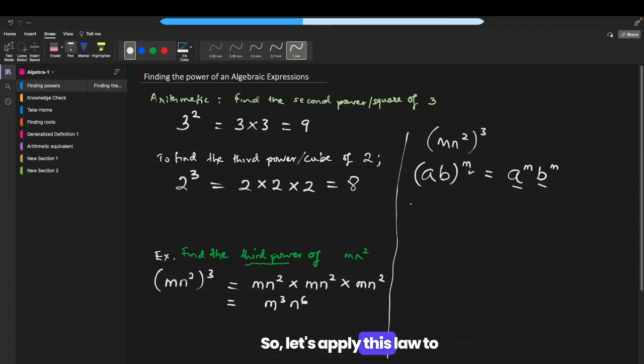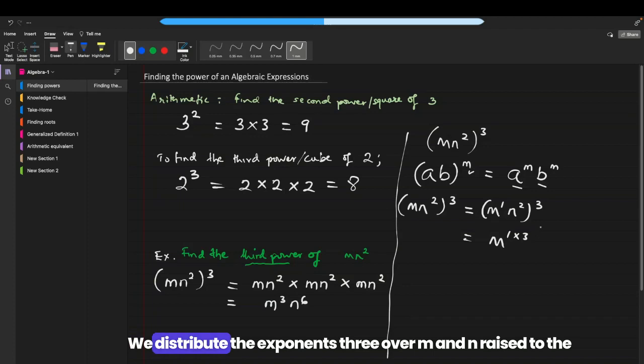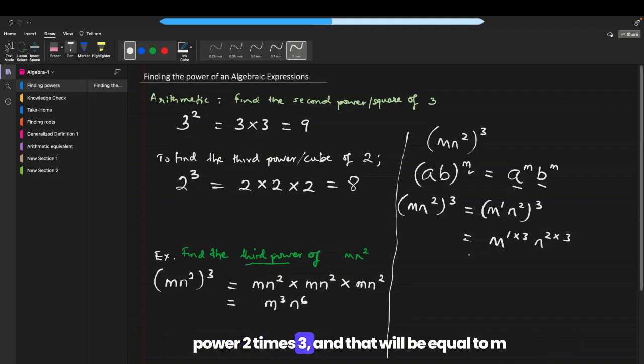So let's apply this law to the question we're trying to solve. mn squared cubed would be equal to m raised to power 1, n raised to power 2. We can rewrite it like that. So that becomes m raised to power 1 times 3. We distribute the exponent 3 over m and n. n raised to power 2 times 3. And that will be equal to m raised to power 3, n raised to power 6.